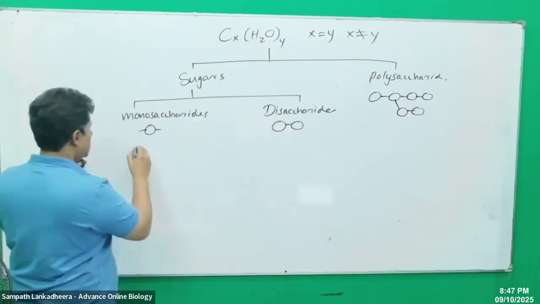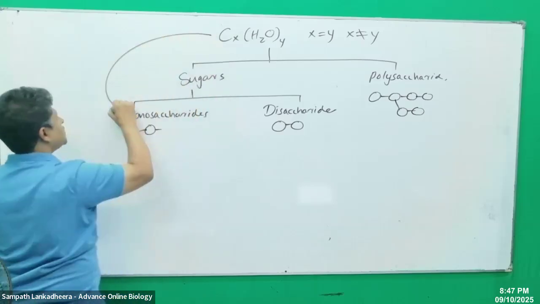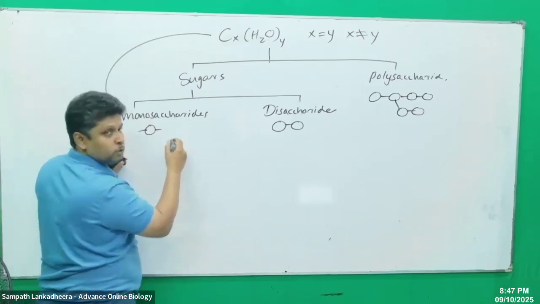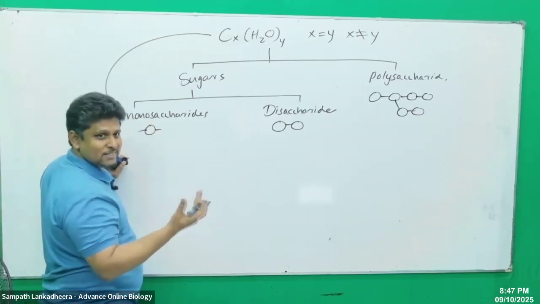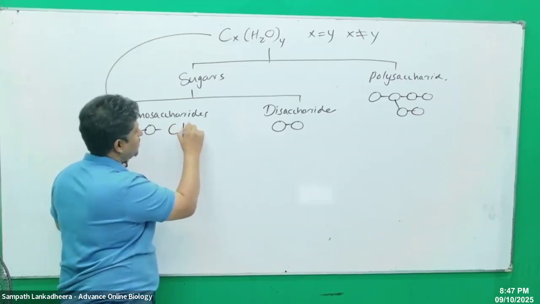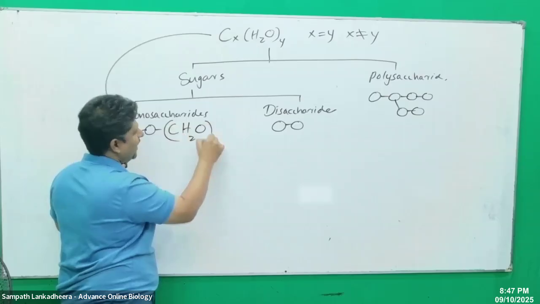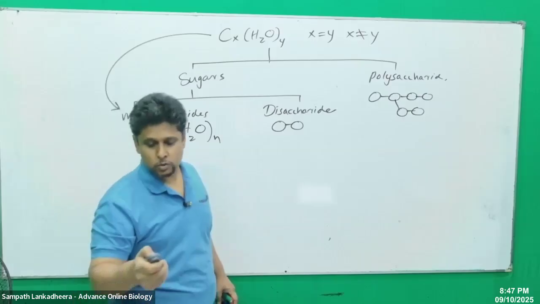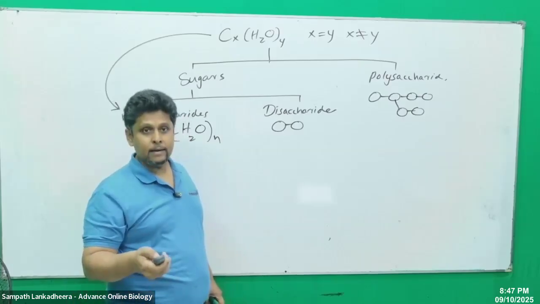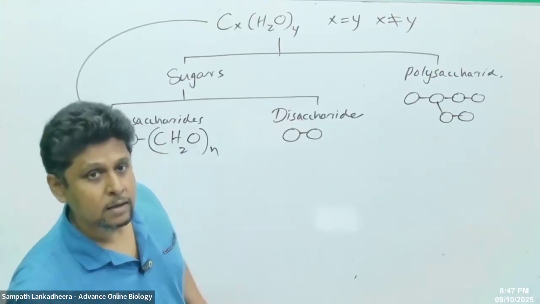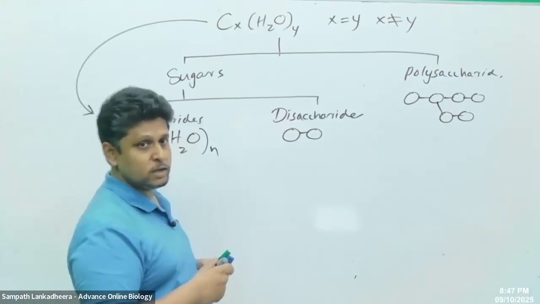Even if they have the formula CxH2yOy, when it comes to monosaccharides, how do you take the formula? Can you type and send me? CnH2nOn. That's the formula.